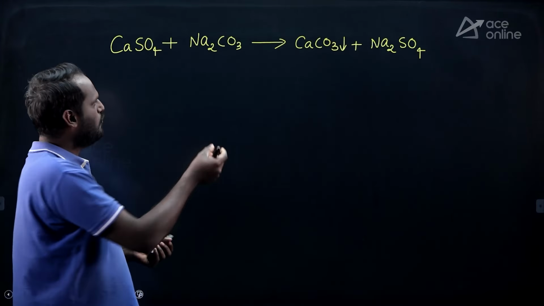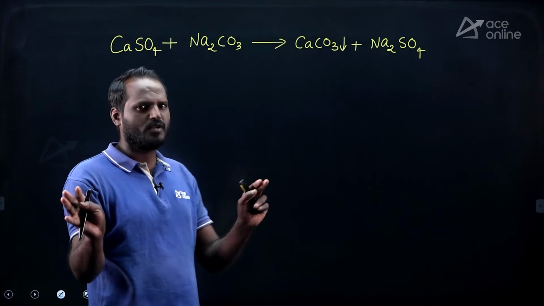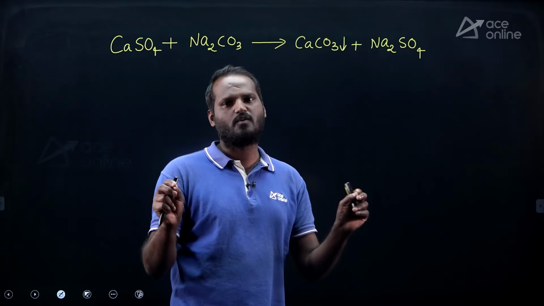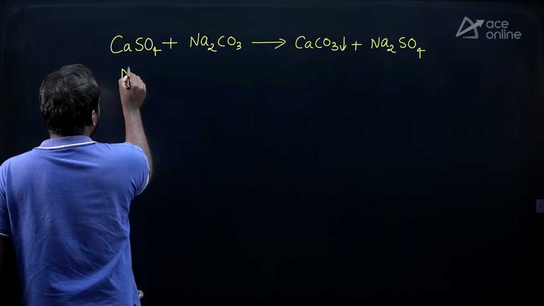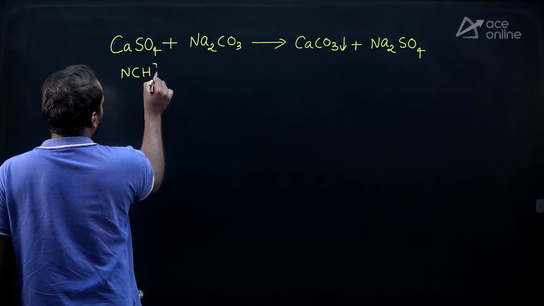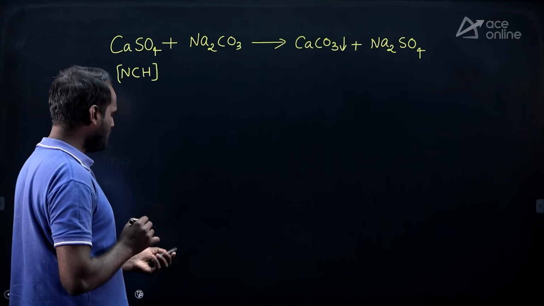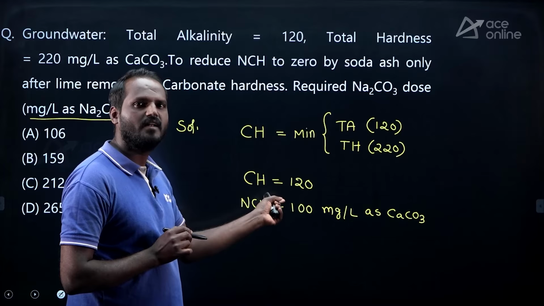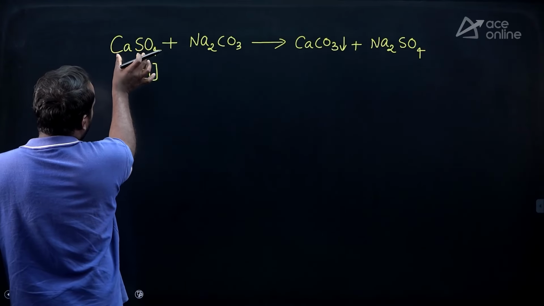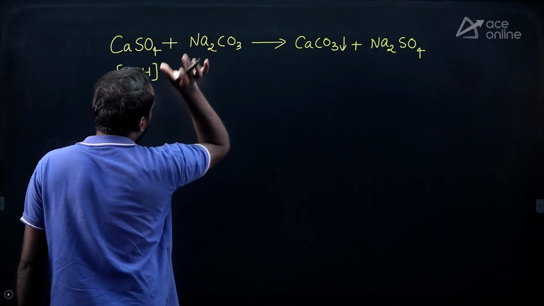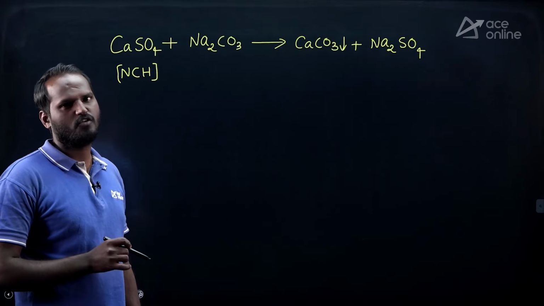My intention to take this equation is, no need to write it in the exam, not at all required. One thing I need to convey, this non-carbonate hardness, I wanted to make this 0. What is the value of NCH present in water? 100 milligram per liter, I make it to 0. If you look at, one part of this reacts with one part of sodium carbonate, that is soda ash, right?